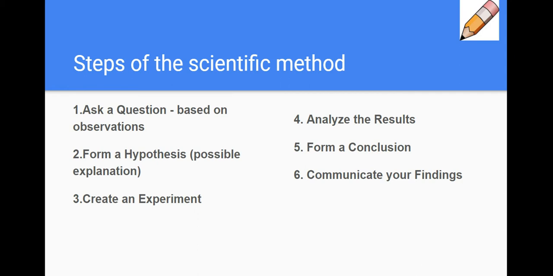It's based on me using my sense of sight to make an observation about the color of the leaves on the tree. Then I'm going to form a hypothesis. This is a possible explanation. This is where you come up with a bunch of different inferences for why the leaves on the tree could be green.